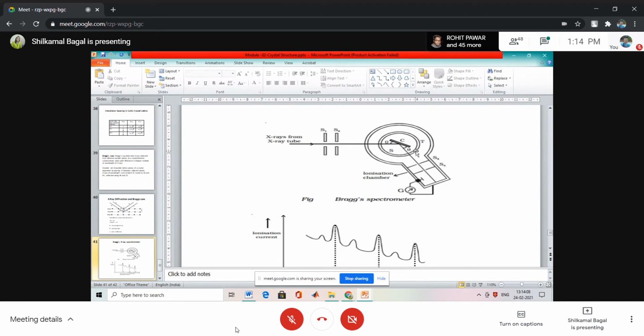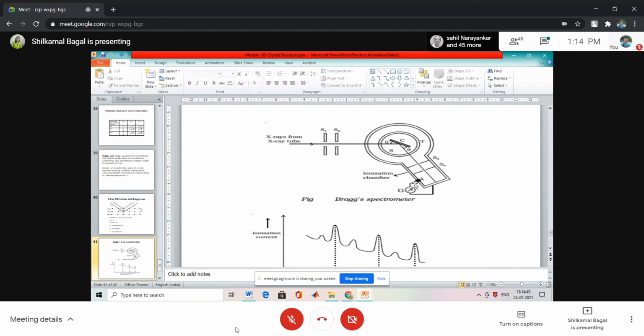See here, these X-rays from the X-ray tube are first allowed to pass through the two slits, S1 and S2. These are two pinhole slits, for getting a narrow beam of X-rays. This narrow beam of X-rays is then incident on the crystal, which is mounted on the turntable of this spectrometer.